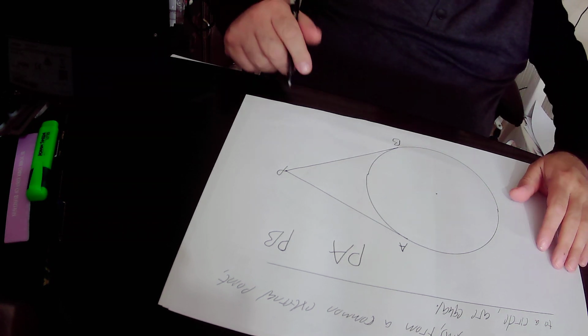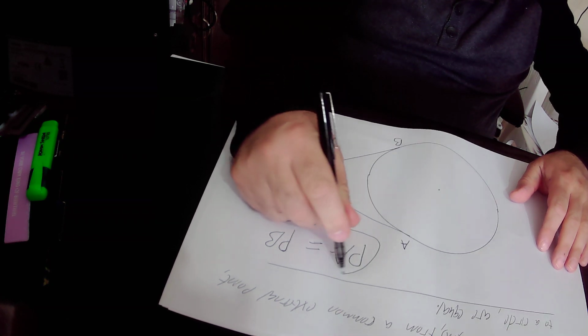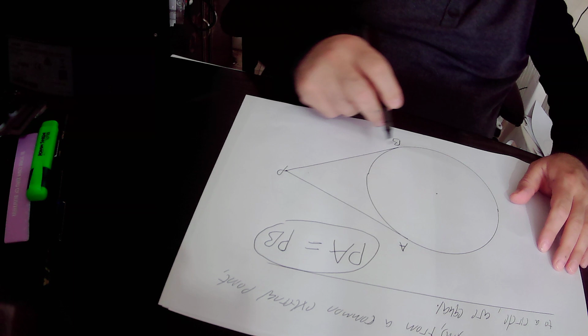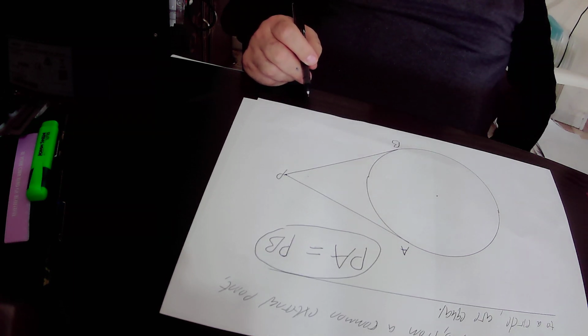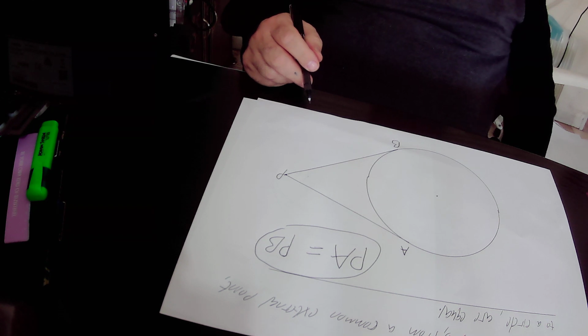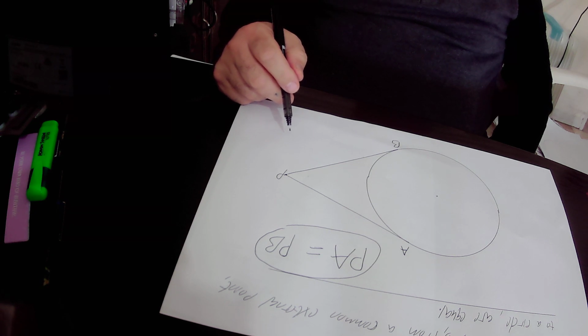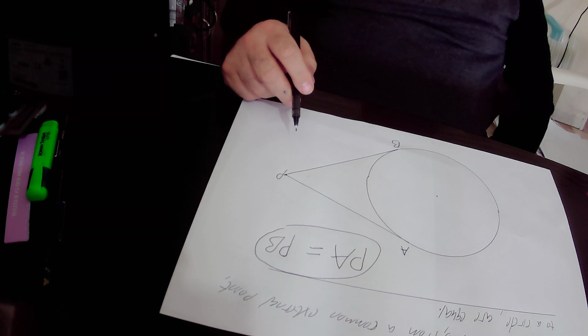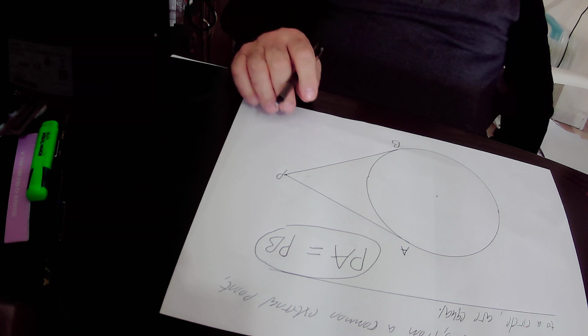That is to say, PA is equal to PB. So whenever you draw two tangents to a circle from a common external point of that circle, like in this drawing, the lengths of those two tangents will be equal to each other. In this case, PA is equal to PB. Okay?